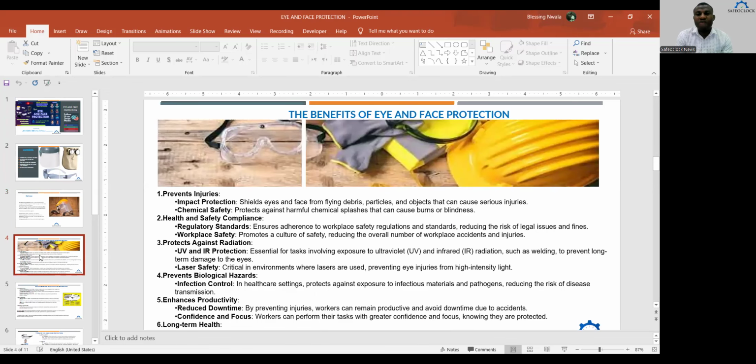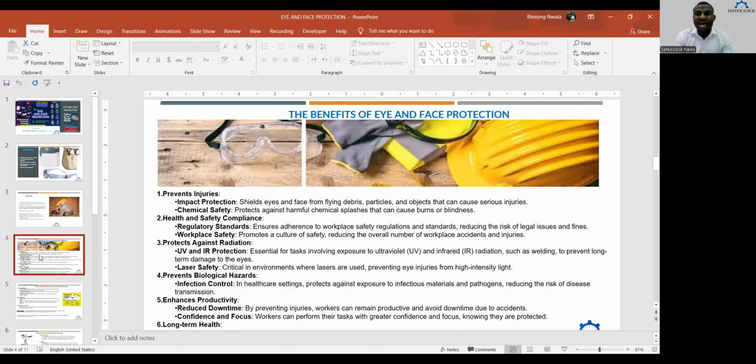So let's look at some of the benefits of workers using eye and face protection in the workplace. The first one is obvious: it prevents injury.